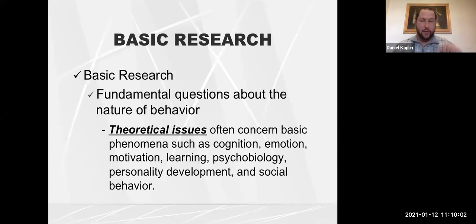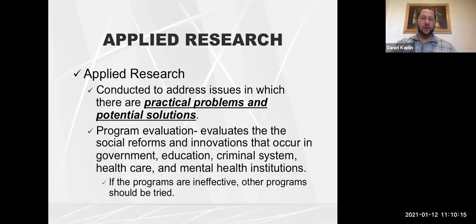So being able to label the different parts of the eye. So it's almost like the foundational blocks or fundamental questions, right? So it's oftentimes linked to theoretical issues, whereas applied research is about solving practical problems.